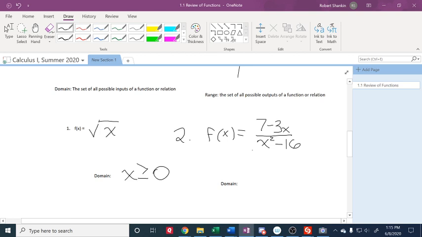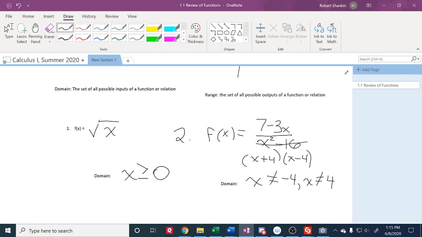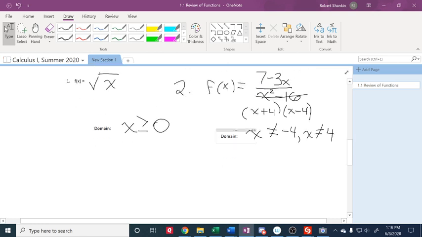And for this one, if I visualize this, I would see that x can't equal negative 4, x can't equal 4, because 0 on the top of a fraction is no problem, but 0 in the denominator of a fraction makes the fraction illegal, and we have to make sure that that doesn't happen. And so we say these two things are not allowed.